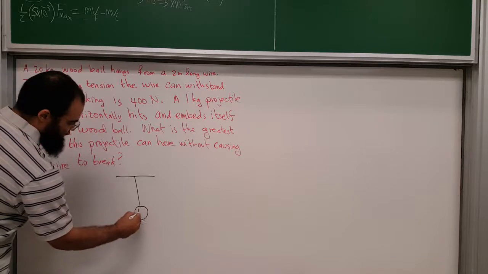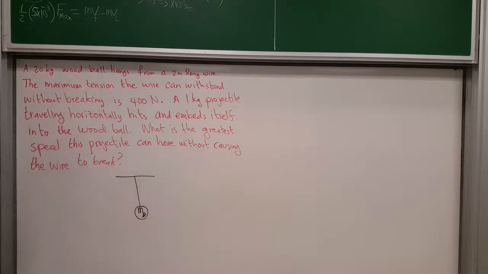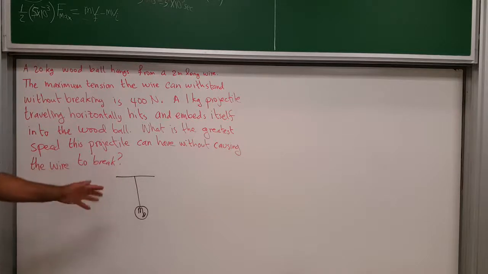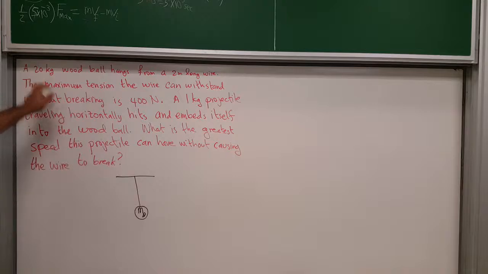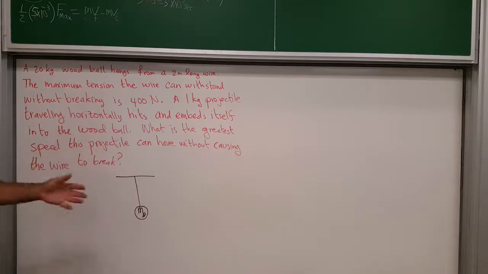Let me call this the mass of the wooden block, M block, and it's 20 kilograms. Obviously it didn't break, so the tension better not be 400. You have mg downward, which is about 9.8 times 20. That's approximately 200 newtons. So the tension needed to keep it hanging is about 200 newtons. So that's fine, it didn't break.